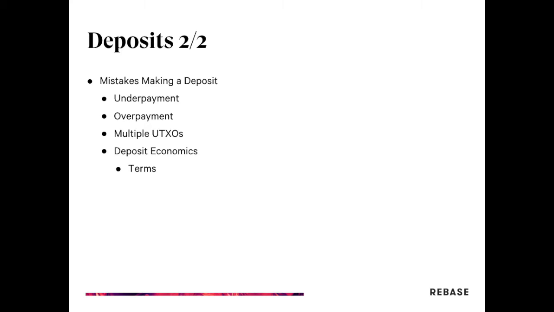The next piece to talk about is the deposit economics. Obviously signers are paid for their work. They're the main supply siders on the network, apart from the core team.